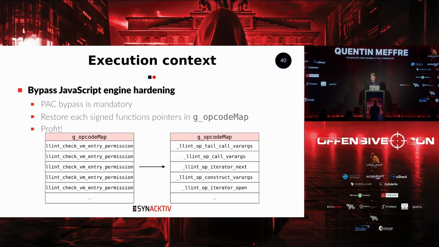All it has to do is restore the content of the opcode map, but the attacker must have a PAC bypass because the opcode map is made of signed function pointers. So the attacker will have to sign those function pointers one more time using powerful primitives. But after restoring this opcode map, the attacker will be able to use the evaluateScript method I talked about previously to execute JavaScript code.